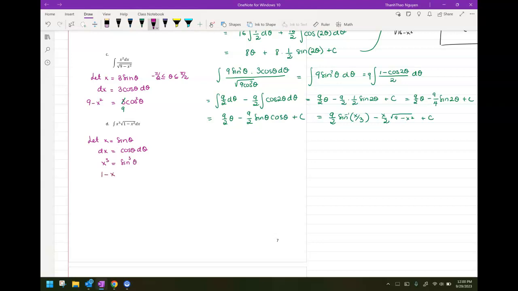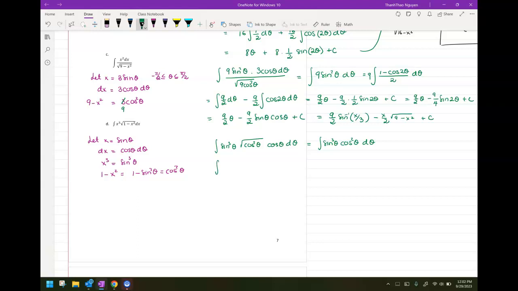And 1 minus x squared is equal to 1 minus sine squared of theta, which equals cosine squared theta. So my integral becomes sine cubed of theta times the square root of cosine squared theta times cosine theta d theta. This simplifies to the integral of sine cubed of theta times cosine squared theta d theta.